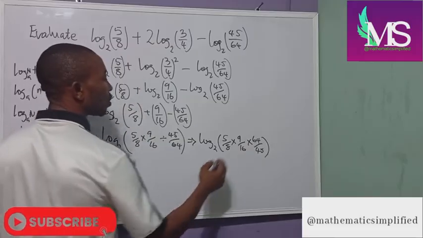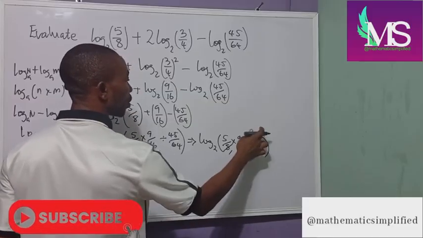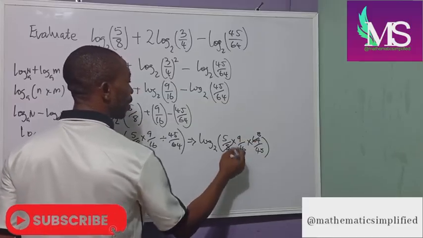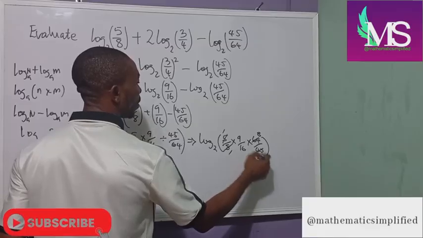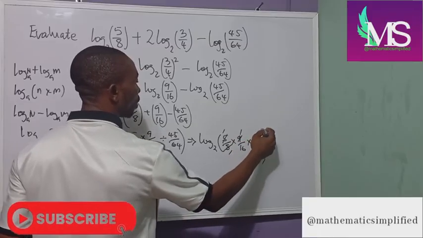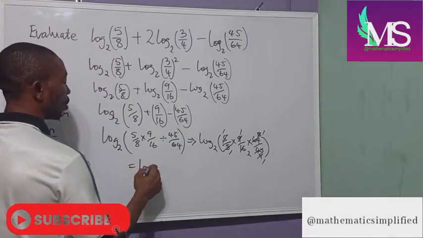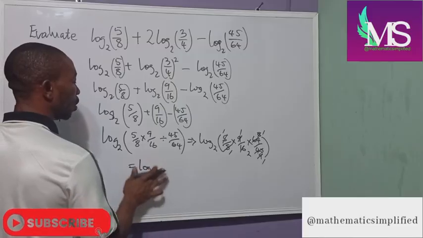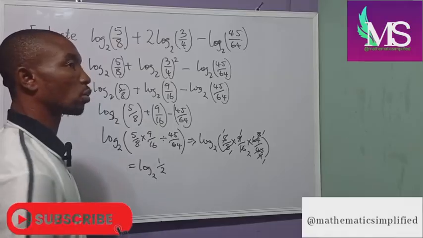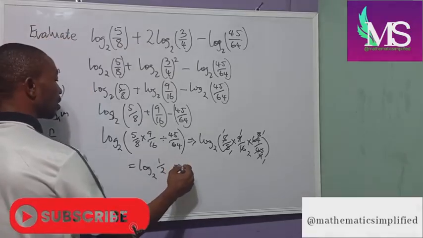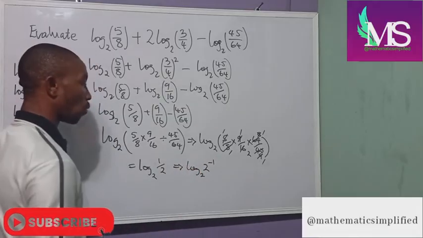Now cancelling out: 8 1, 8 2, 8 8; 5 1, 5 9; 5 9 here, 1 9 here, 1 8 8, 1 8 here 2. So this leaves us with log 2 of 1 over 2. And when we have 1 over 2, we can rewrite it as log 2 of 2 raised to the power minus 1.